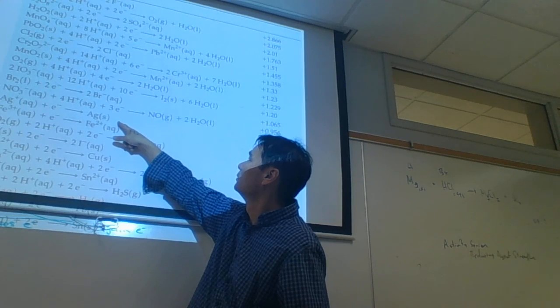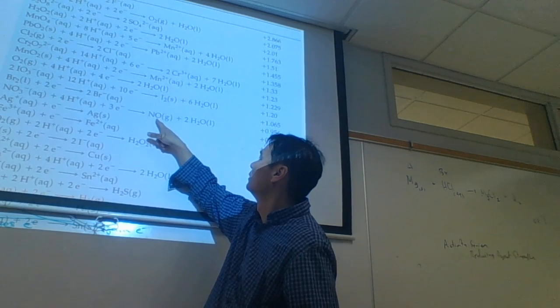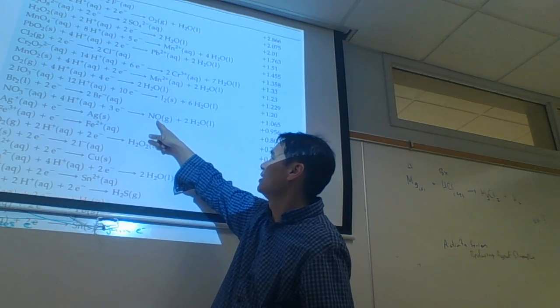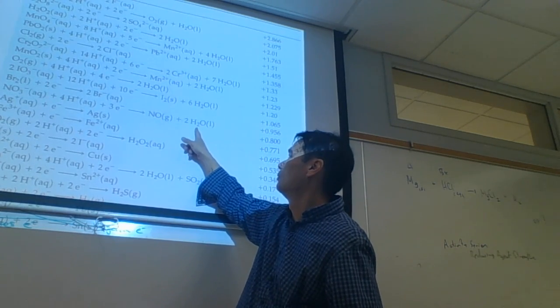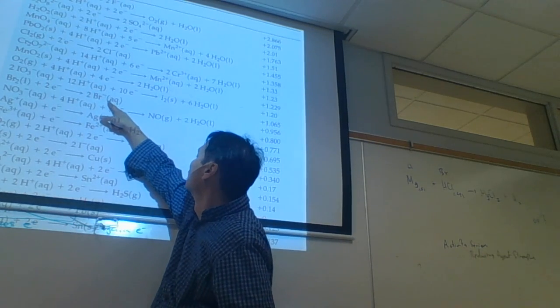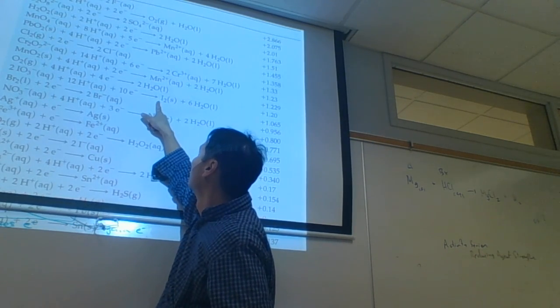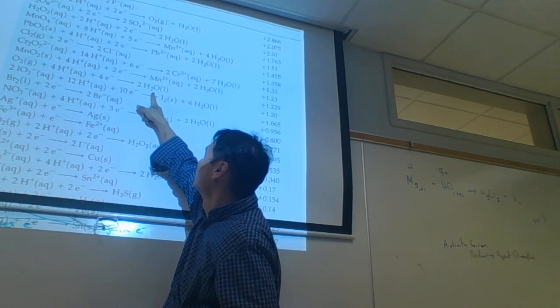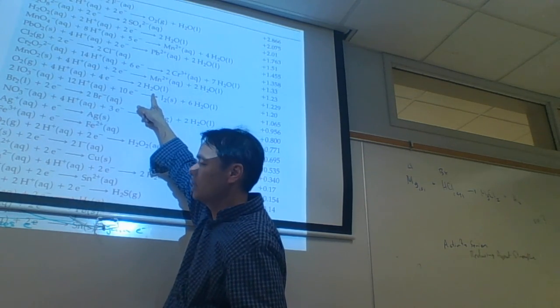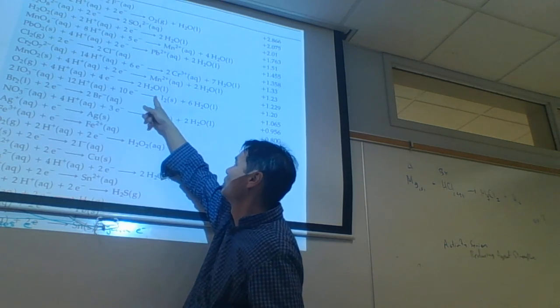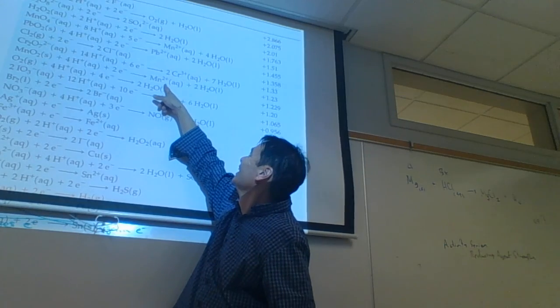Iron, silver, nitrogen monoxide in water, or nitric oxide, it's also called. Iodine in water. This is just water alone. So water actually can lose electrons. In other words, water can be a reducing agent.